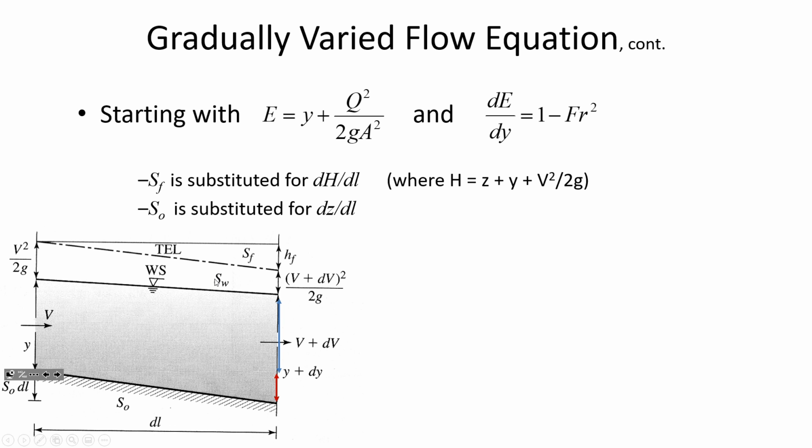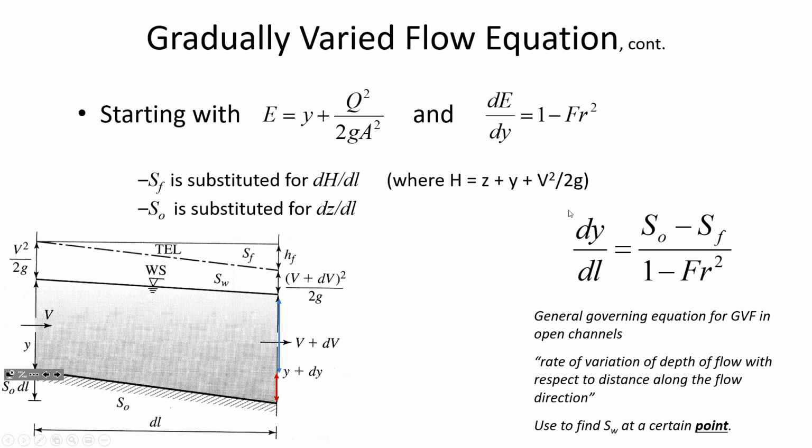Those three slopes are not parallel to each other like they would be in uniform flow. In uniform flow, where we're using Manning's equation, those three slopes are equal. But they're dissimilar now, and so there's going to be a change of energy with respect to length, where h, the total energy, reflects the elevation above some datum, the flow depth, and the velocity head. So this is the gradually varied flow equation.